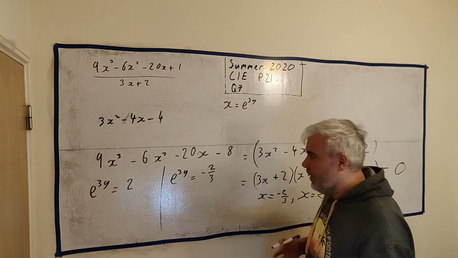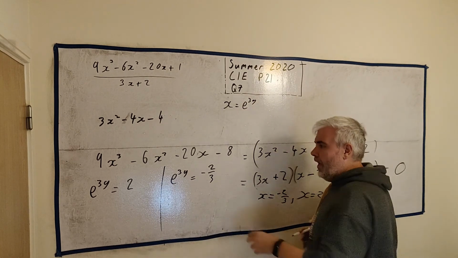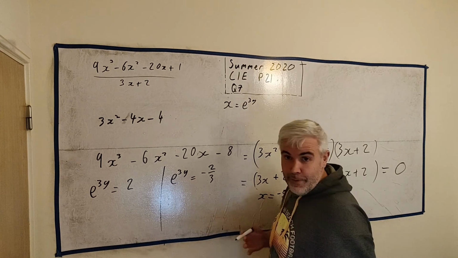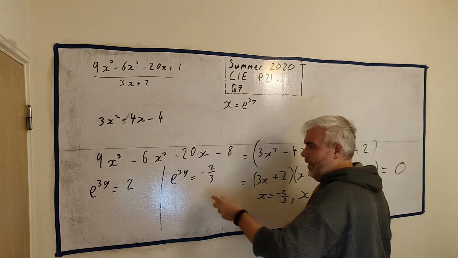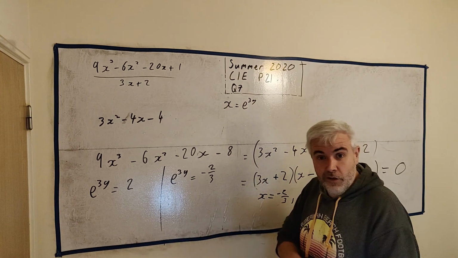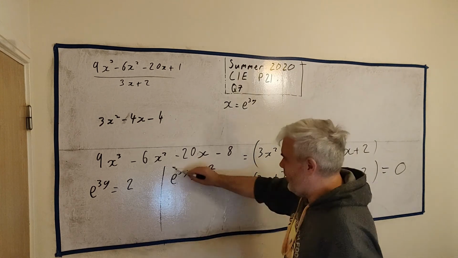It just doesn't work. e is just a number, it's 2.7 or so, and no matter what we put 2.7 to the power of, it will always be bigger than 0. Unless y is like minus infinity, it'll get close to 0, but it'll never get to a minus. So this one has no answer.